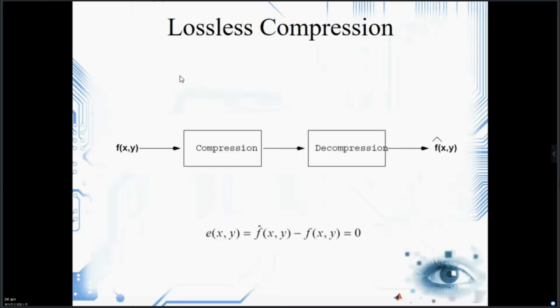As we talk about images, and specifically lossless compression, we view the image in the form of a matrix, f(x,y). We have some compression steps, and after that some decompression, which leads to f'(x,y).